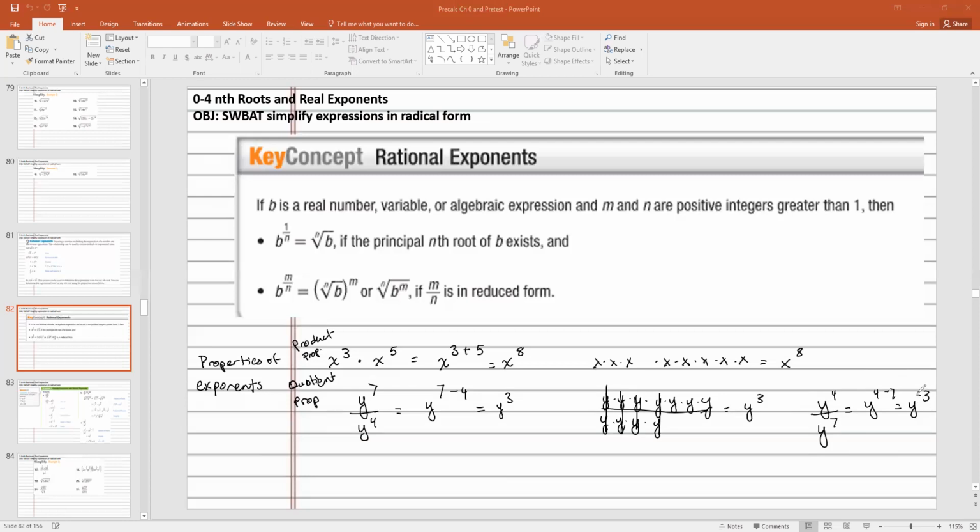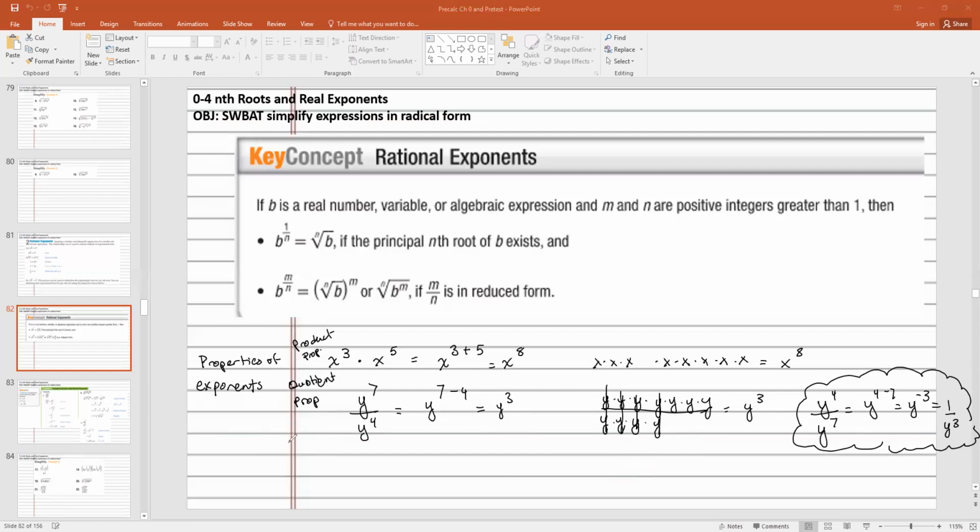Now remember, a negative exponent flips it to make the exponent positive. There's another easier, faster way to do this, and we can go over that later on in the year.